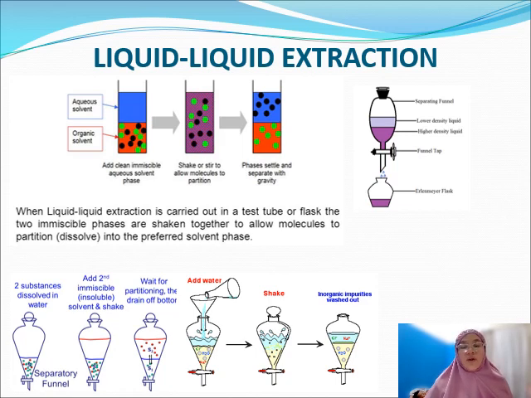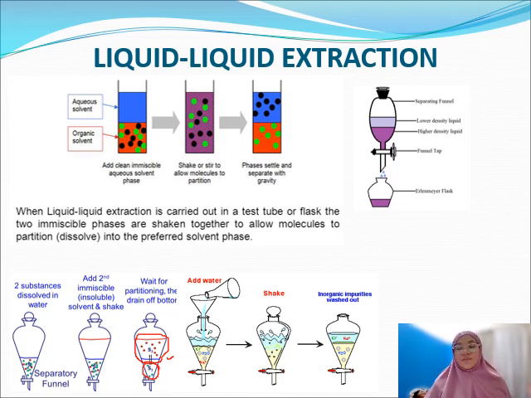And then what you have to do is remove what you want. You first drain the water solvent with the polar components, and then you take the organic solvent with the hydrophobic molecules. So that's how you separate the substances inside your samples.